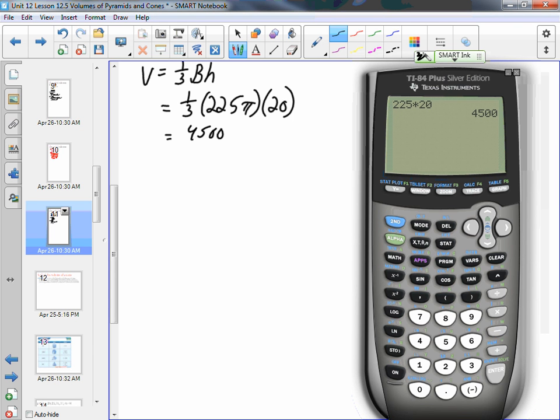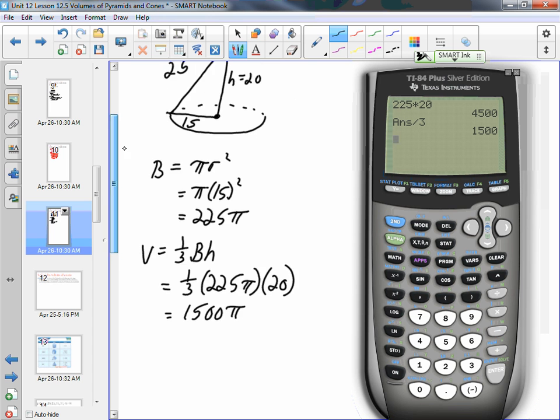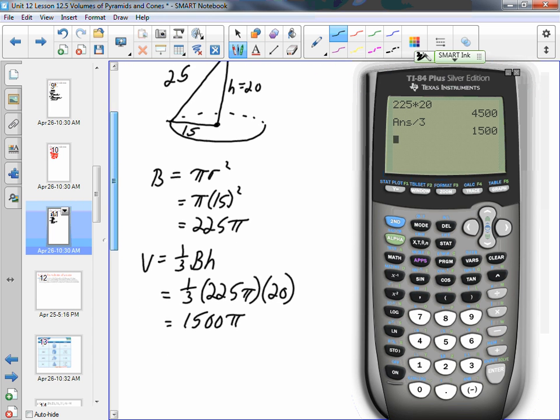Oh, 3 is going to divide into that, isn't it? So let's go ahead and divide it by 3 and get 1,500 pi cubic meters.